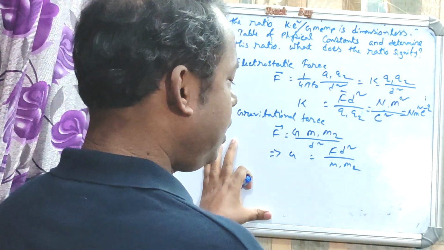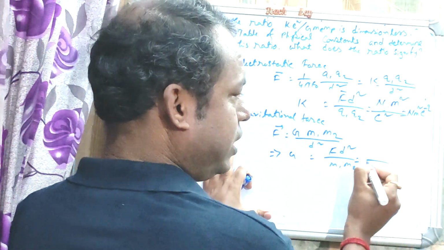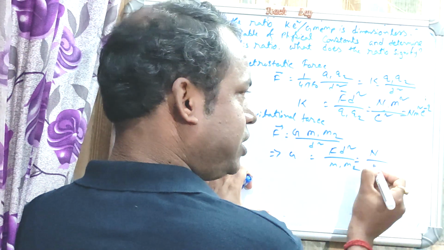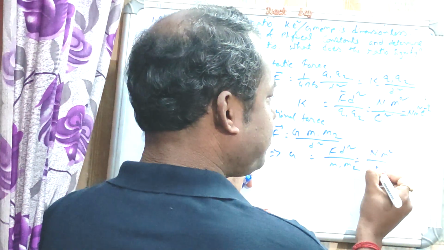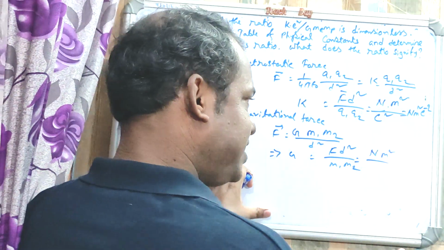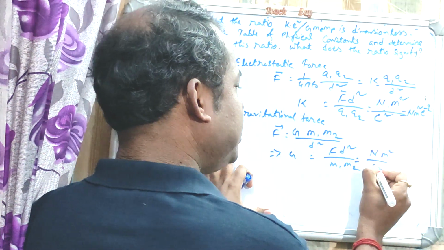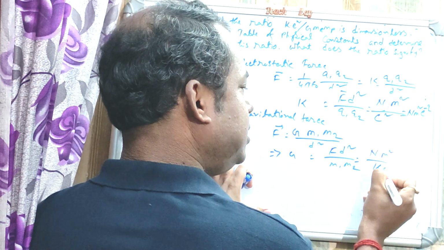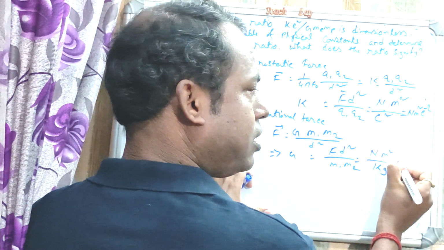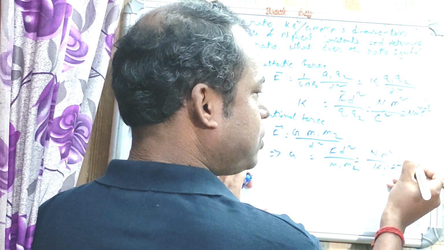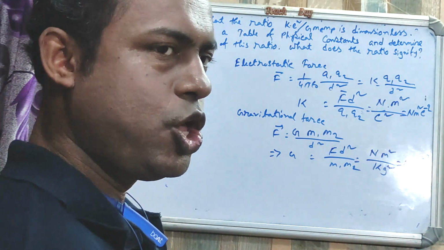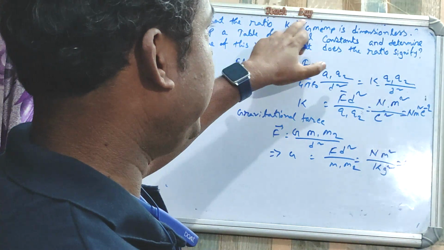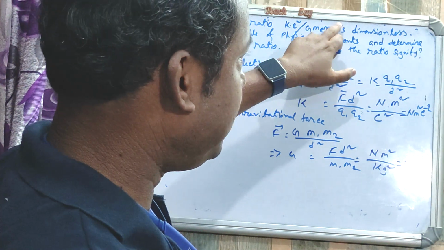Written in SI units, it is Newton meter square, and m1 into m2 is kg into kg, that is kg square. So Newton meter square into kg to the power minus 2. Okay, so we want to find out this ratio's dimension, or first find out the units of this.